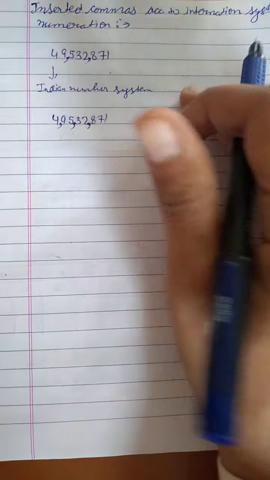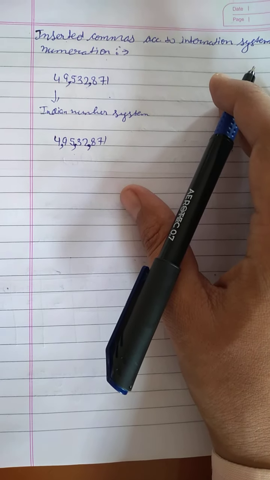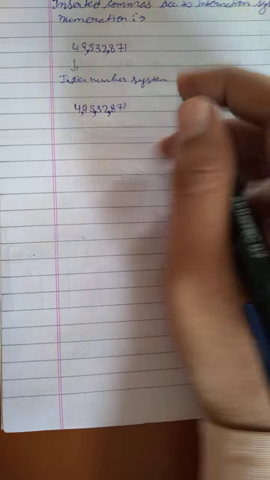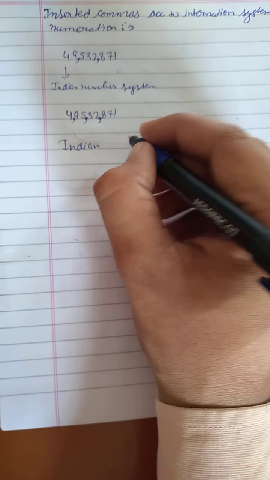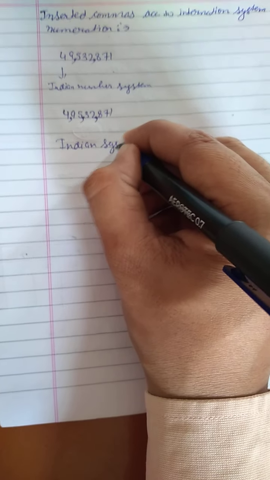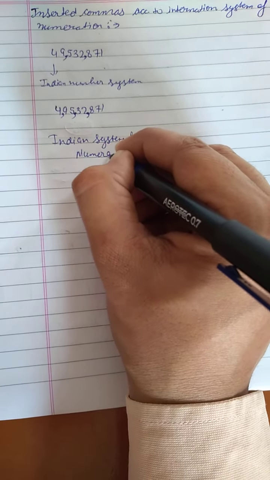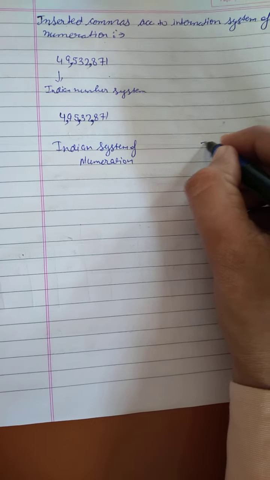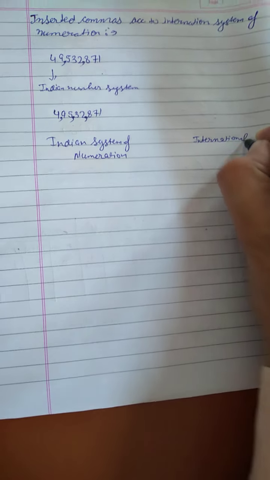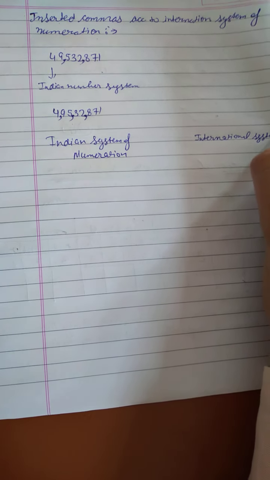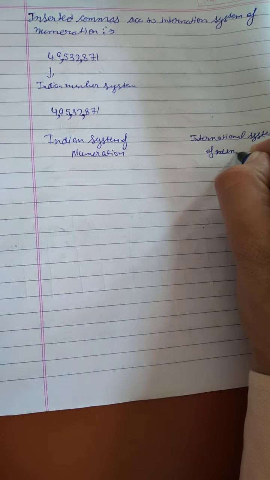So now we compare the Indian number system and the international number system with their corresponding places. This is our Indian system of numeration. This is the international system of numeration.